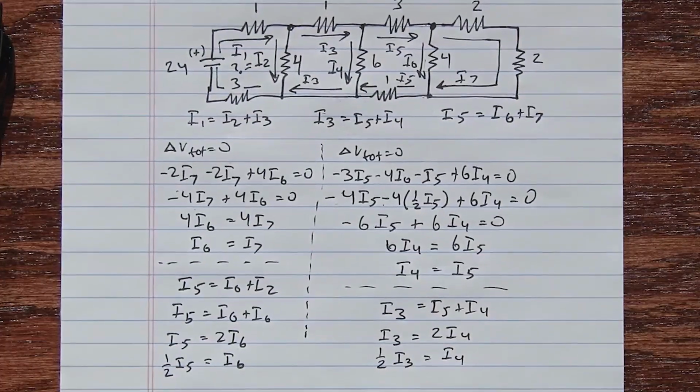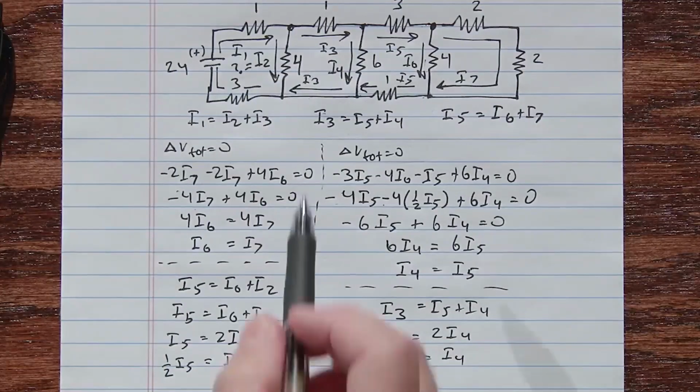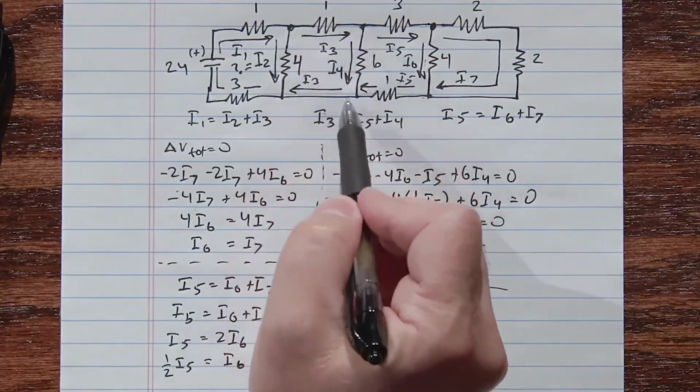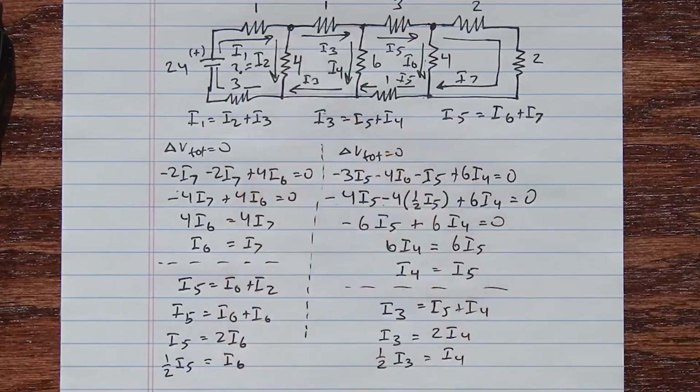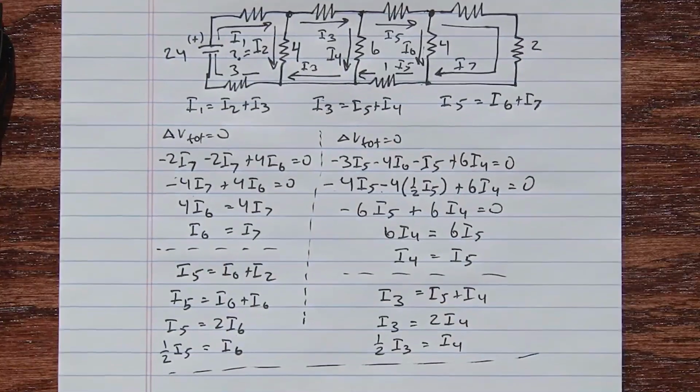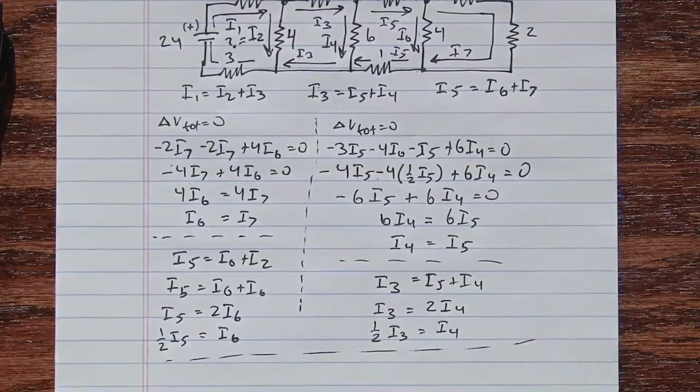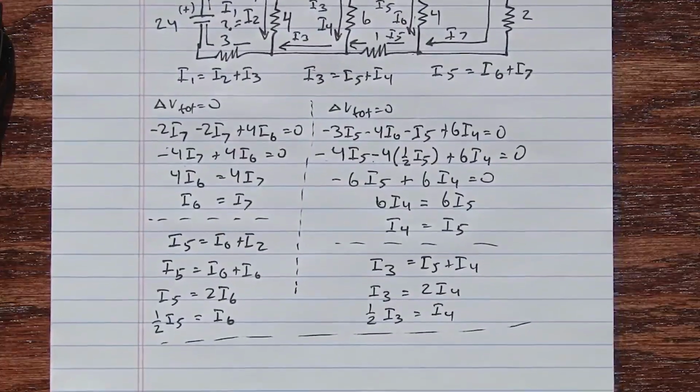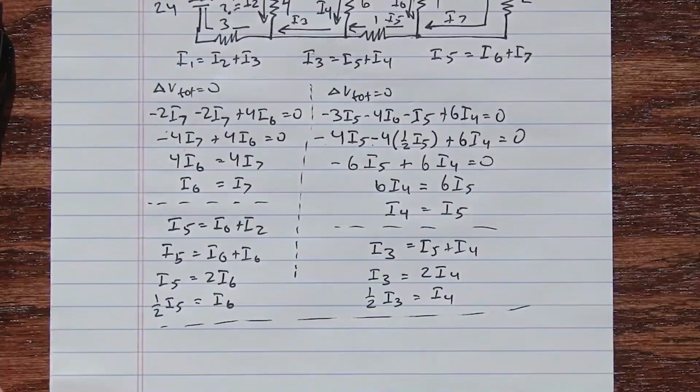And we're going to repeat this for our next loop. So let's carry it on for this loop right here. And I'm going to have to move my diagram off the screen. I'm sorry.